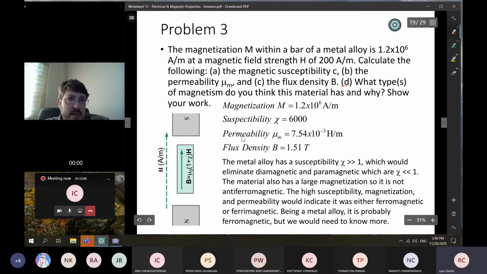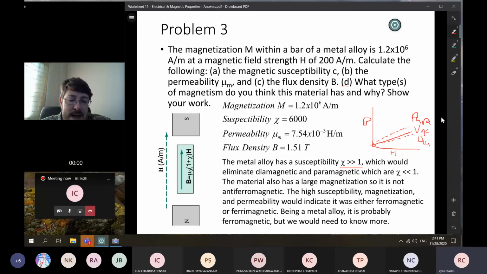We can look at these numbers and compare them to some in the book or the lecture slides, and we see that the susceptibility is much greater than 1. There was that graph with vacuum, B and H, where you had paramagnetic and diamagnetic. For vacuum, the susceptibility is basically 0.